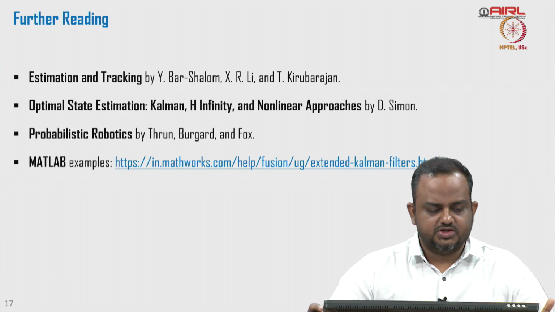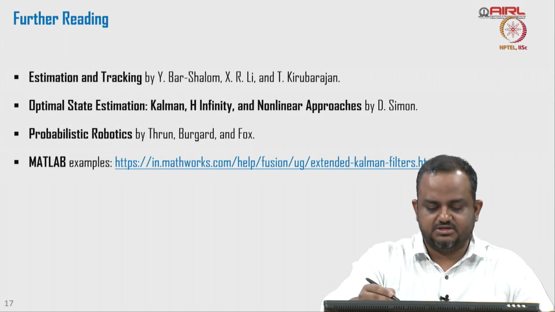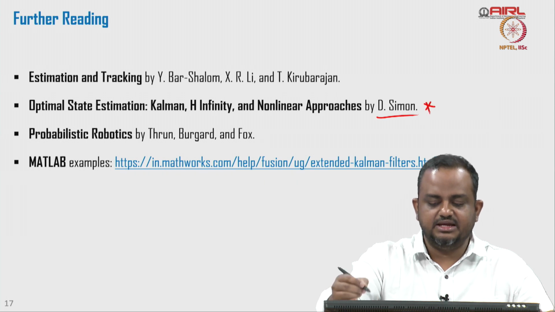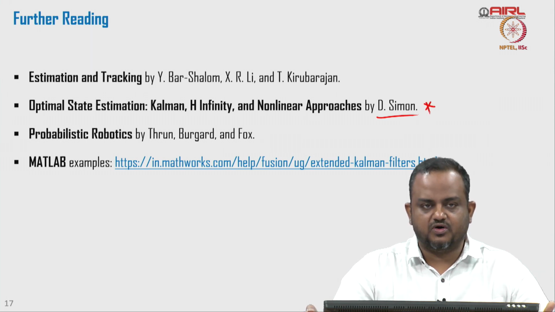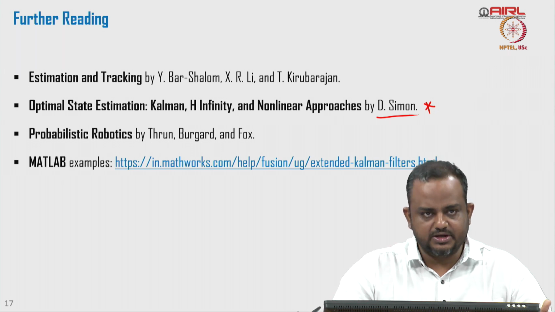Fine. For further reading, I would suggest you go through the book Estimation and Tracking by Bar-Shalom, Li and Kirubarajan. Then Optimal State Estimation: Kalman, H infinity and Nonlinear Approaches by Dan Simon, which is a very elaborate derivation of the Kalman filter and extended Kalman filter, both in continuous and discrete time domain.